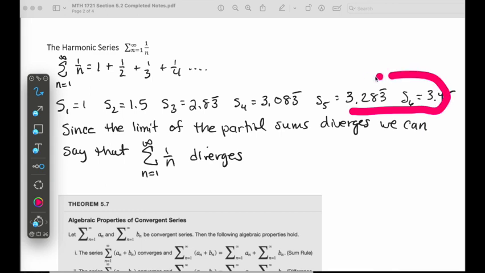If you keep looking at this pattern, the sums are getting bigger and bigger and bigger. So even though the sequence 1 over n converges as n goes to infinity, the series does not. Because the limit of the partial sums diverges, we can say that the series diverges.